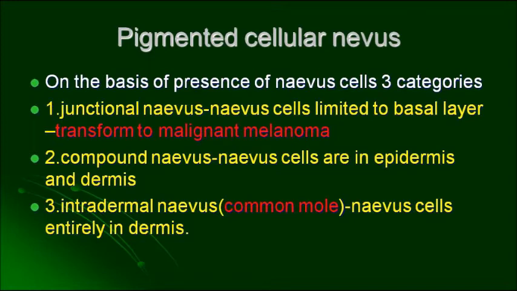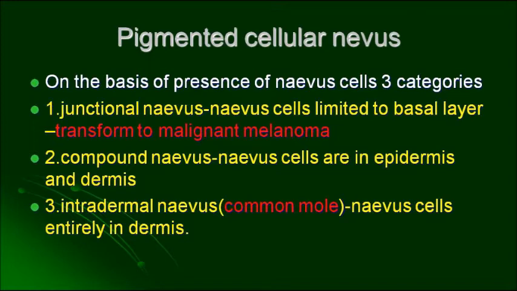So those nevus are called intradermal nevus, within the connective tissue. So what is our common mole? Common mole is actually the intradermal nevus. Now what is the junctional nevus significance from our MCQ viewpoint? In junctional nevus, nevus cells are present only in the basal layer of the epithelium.